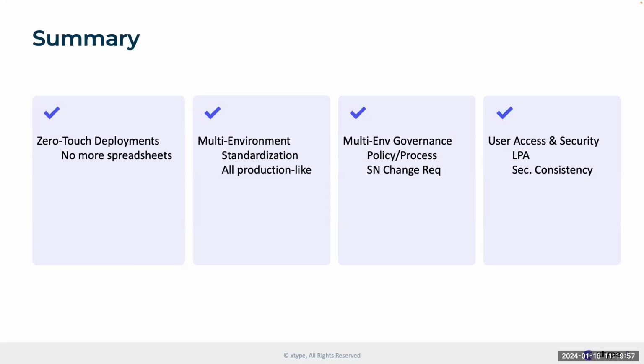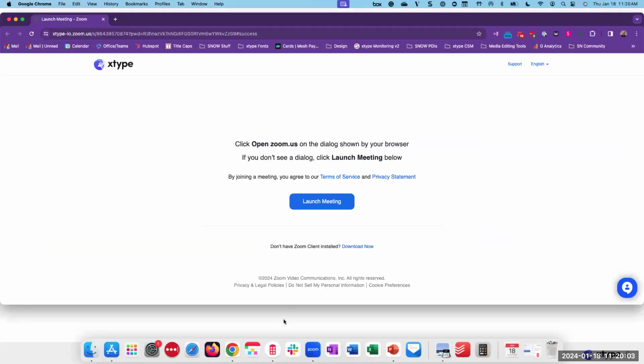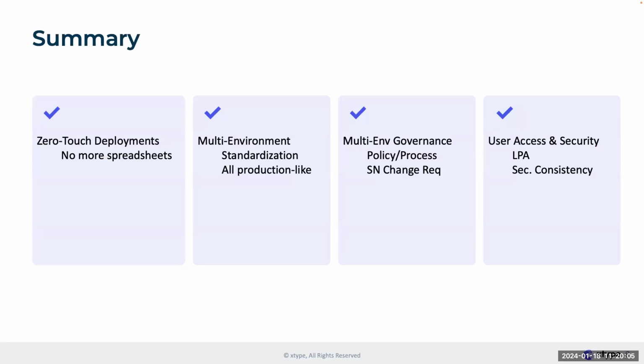So obviously, just in summary, zero-touch deployments, no more spreadsheets. You don't need the spreadsheets anymore. You've got multi-environment standardization, so all of your instances can be production-like. You've got multi-environment governance, so all of your payload can move the same way every time, and they can move faster, of course.